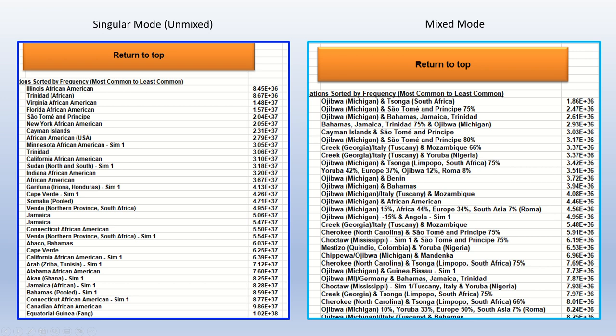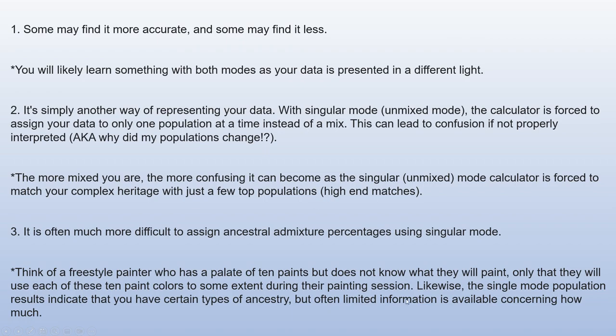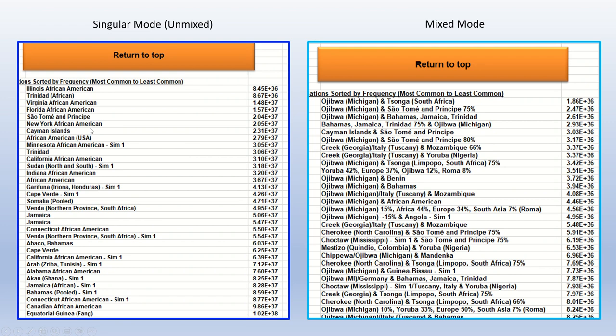And that depends on the gradient score, the match score gradient as well. So it's really hard to make conclusions on that without extensive experience. But be sure to note your top populations over here on the left on singular mode, because what it's telling you, like with this painter analogy, is that you have the ancestry, but it can be so difficult with singular mode to know how much you have until you start mixing populations and breaking them down and interacting them with one another in the data to know exactly how much.